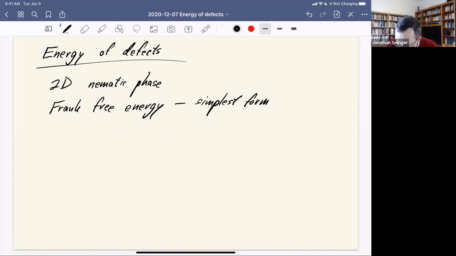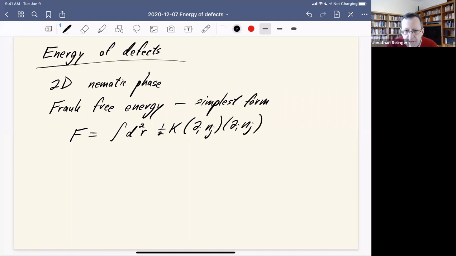Then the Frank free energy is this integral over the two dimensions now instead of three of 1/2 the Frank constant, and we could say del n_i, del n_i, like that.